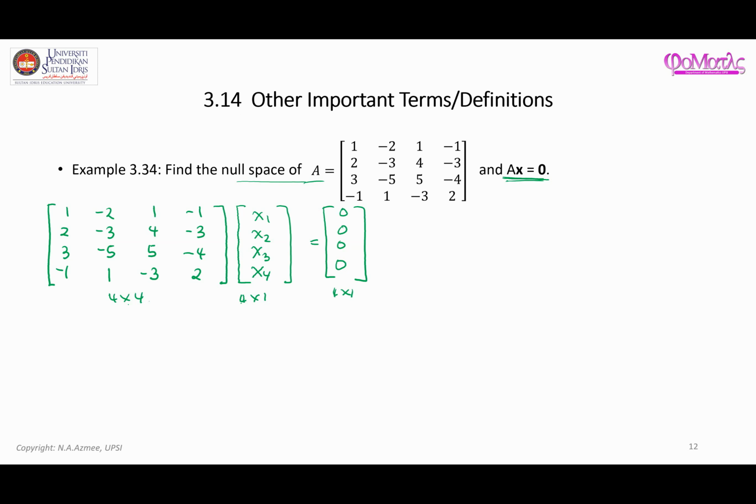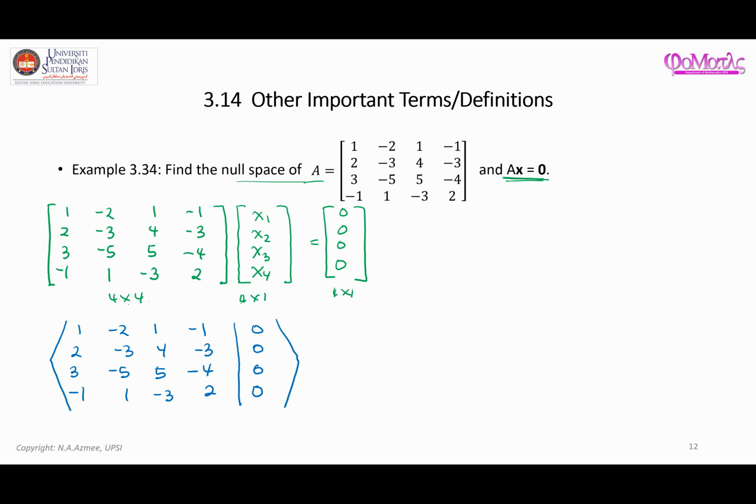And as always, we can solve this by considering the augmented matrix. So here we have 1, -2, 1, -1, 2, -3, 4, -3, 3, -5, 5, -4, -1, 1, -3, 2, and here we have 0, 0, 0, 0.